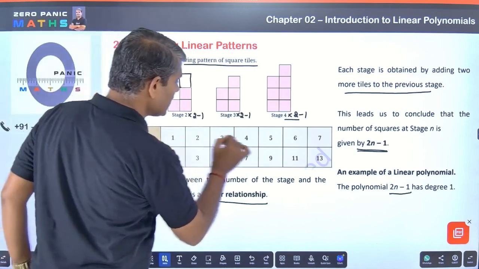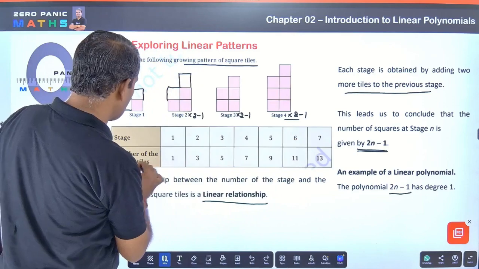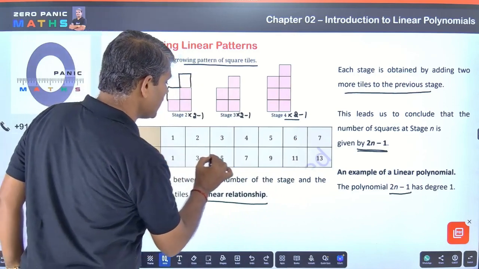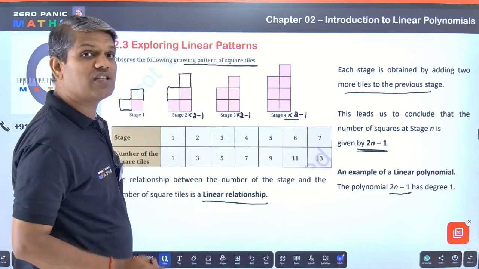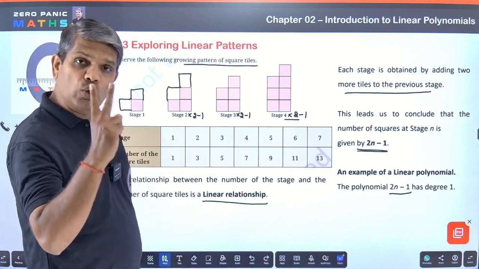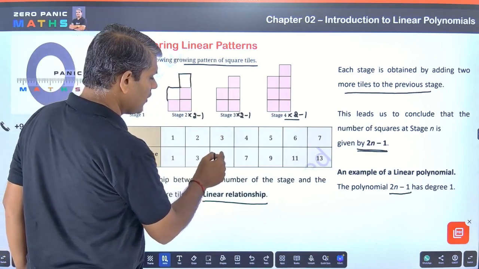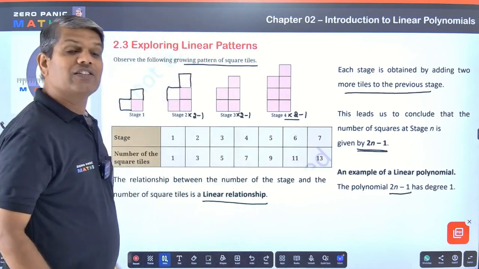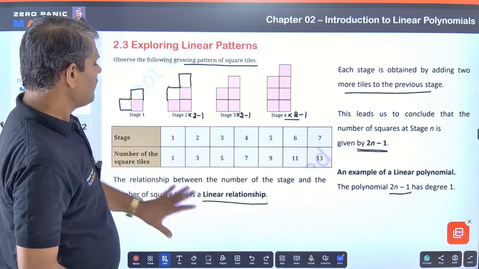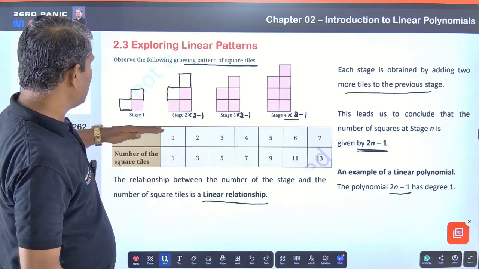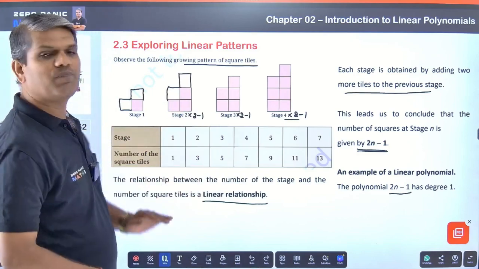When the stage increases, the number of square tiles also increases in a linear fashion. And what is that linear fashion? It is 2 at each stage. 1 plus 2, 3; 3 plus 2, 5; 5 plus 2, 7. So this is what is called a linear pattern, and a linear relationship exists between these two.